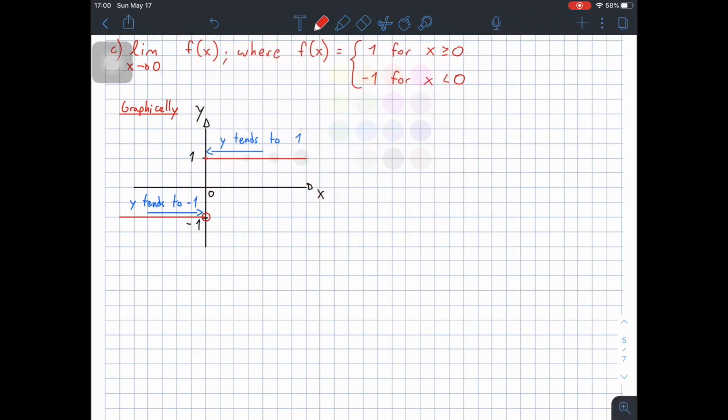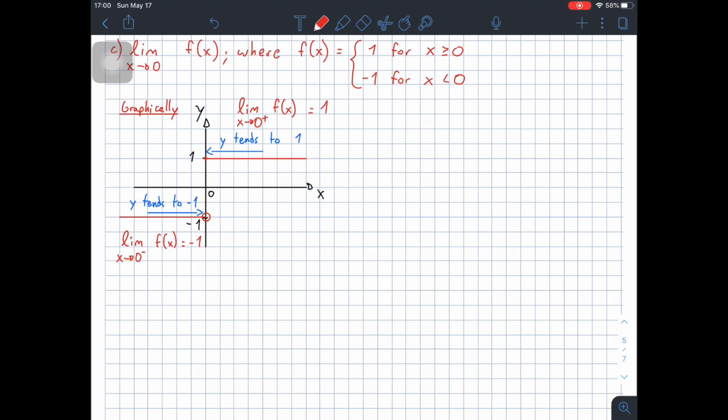So as they're approaching different values, we're going to say that the limit, or before writing that, just to make this clear, I'm going to write that the limit of f of x when x approaches 0 from the left is -1, and the limit of the function when x approaches 0 from the right is +1.